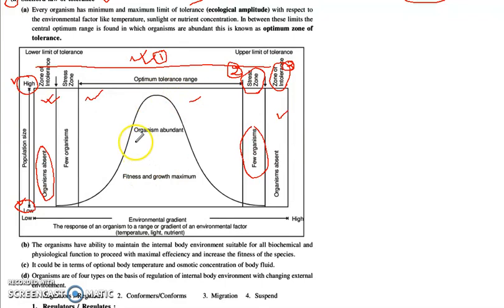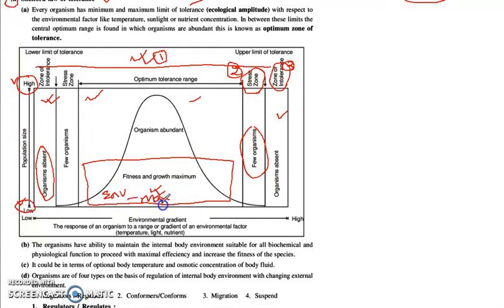Within this zone, a graph has been plotted. Normally, the population, or the adaptation, in this particular part has very good fitness and the growth is maximum, because here the population is low but the environmental conditions are at their maximum.